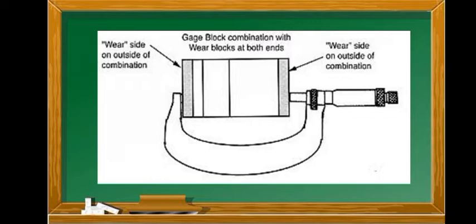And take note that the length of the wear blocks must be included in the desired length of the combination. Meaning, the length size of the wear blocks is included in the total length of the combined blocks. Its length size is counted in the total or desired length of the combination.